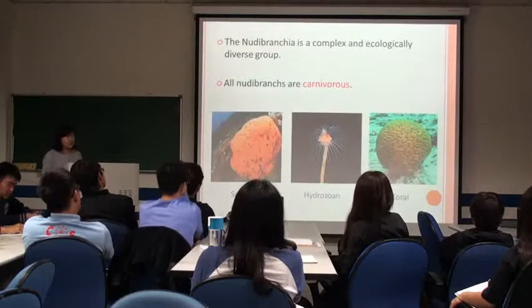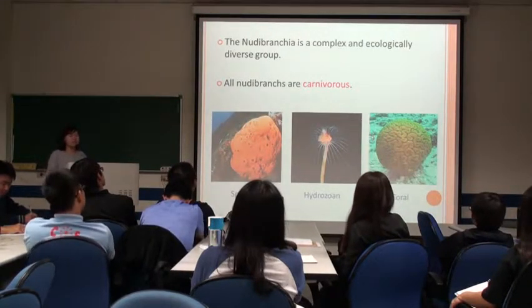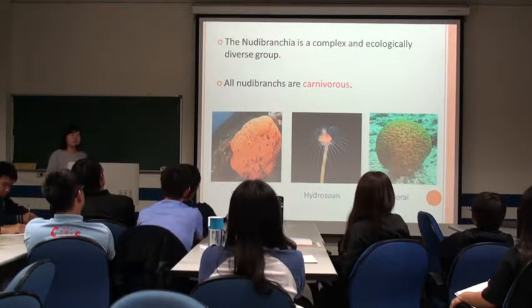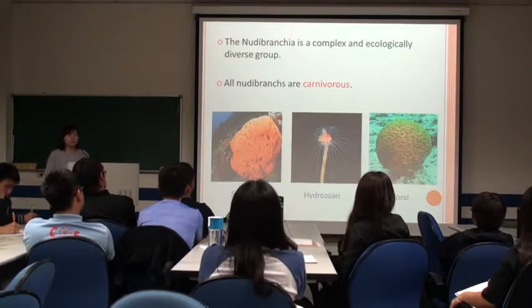Introduction. The Nudibranch is a complex and ecologically diverse group, and there are 3,000 species in the world, and all the Nudibranch are carnivorous. That means they all eat meat.